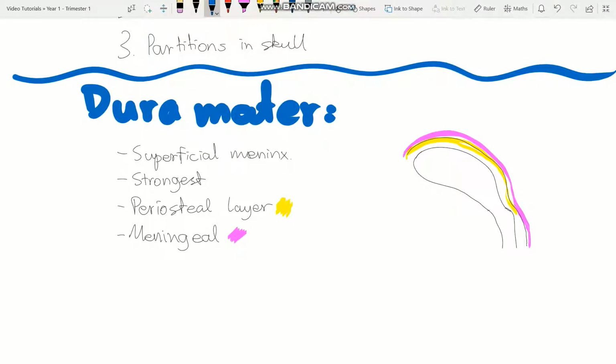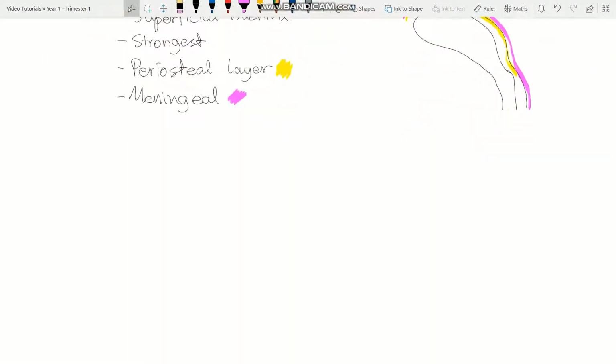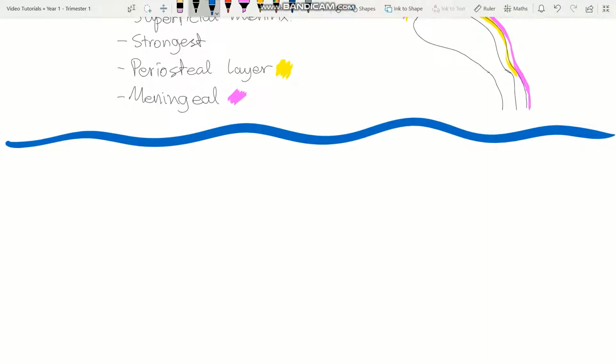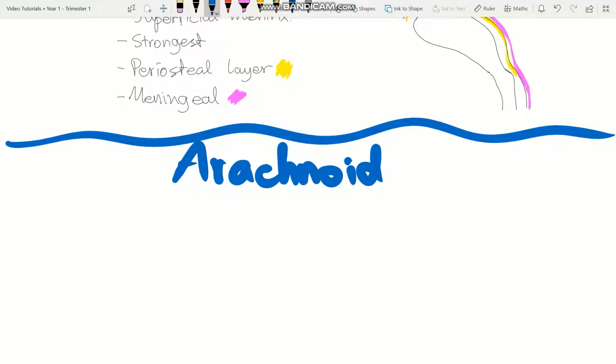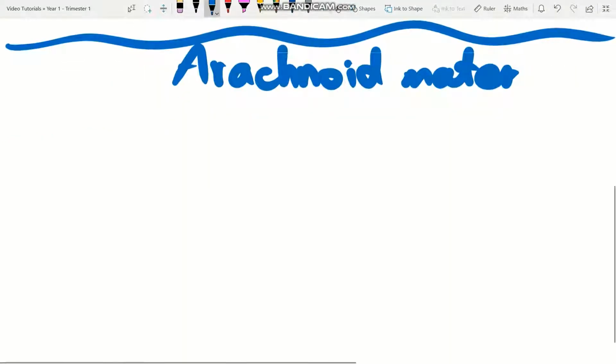The next layer, that is just present deeper to the dura mater, is called the arachnoid mater. The arachnoid mater is quite unique in its structure, as it's essentially very undense, or it's not dense at all, and contains cerebrospinal fluid within its bilayered structure.